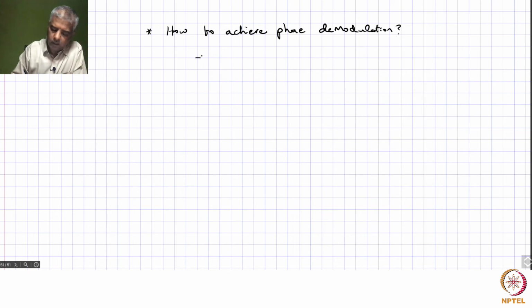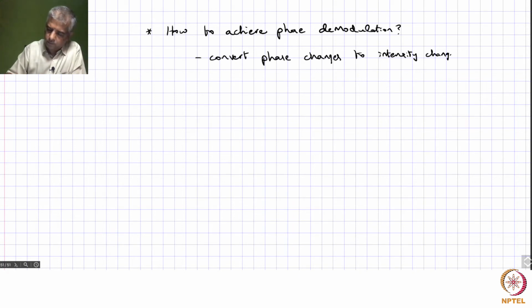So, what we are trying to do is convert phase changes to intensity changes. And what is a good way of doing it? Well, one of the common ways of doing it as far as optics is concerned is to use interferometers.